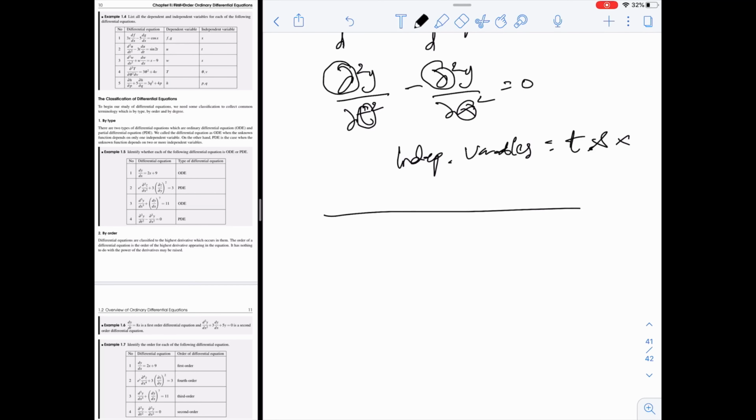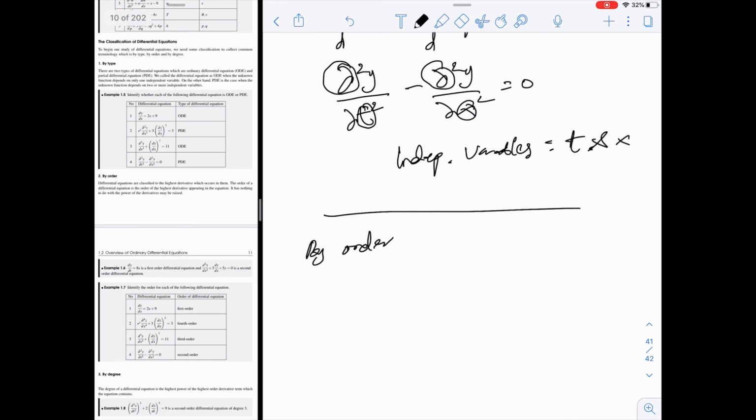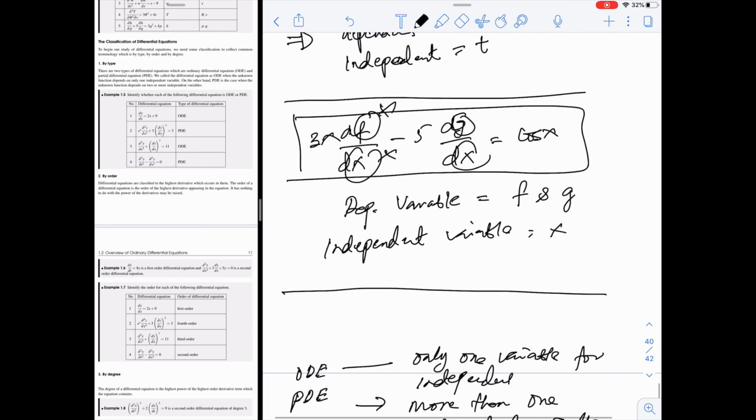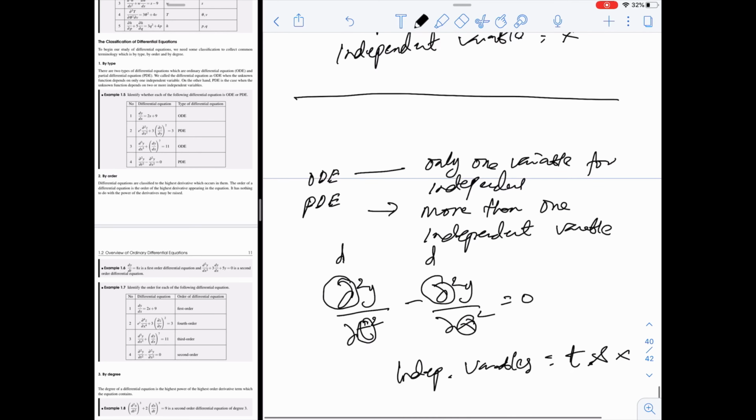Okay, now you may classify a differential equation according to its order. So what is the order? The order is the highest derivative that occurs in the terms. For example, if you have this one, this is the first order, so we call it a first order differential equation.